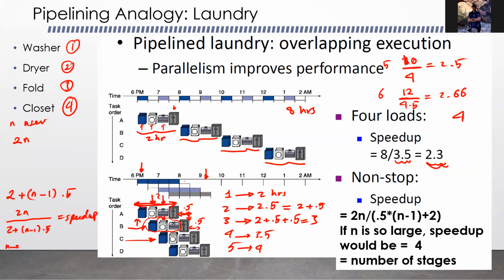And if n goes to infinity, limit n goes to infinity, for a very high number of users, this will be 4. The speed up will be 4. I'm going to leave it for you as practice to find this general speed up for infinite users.